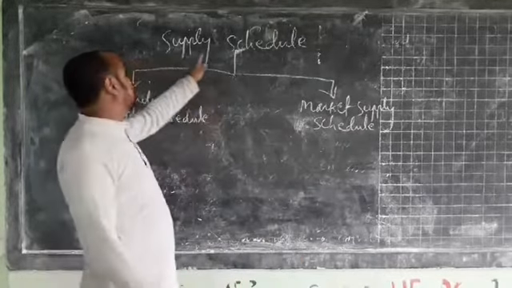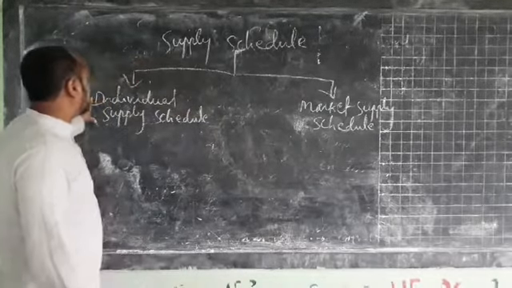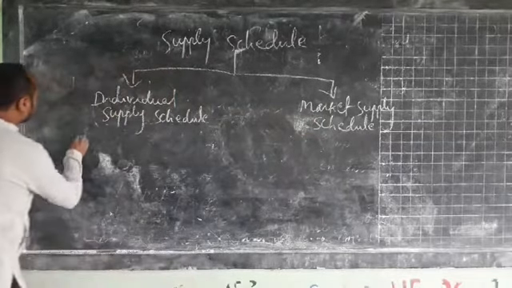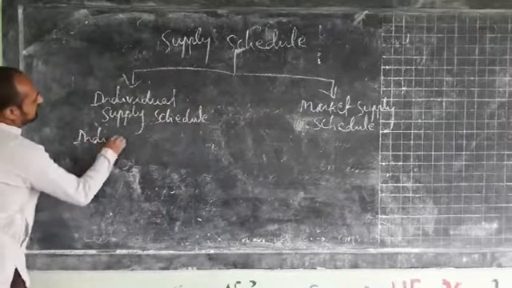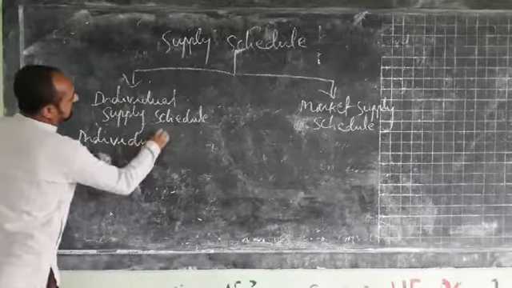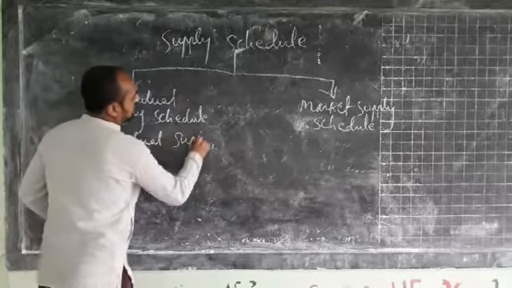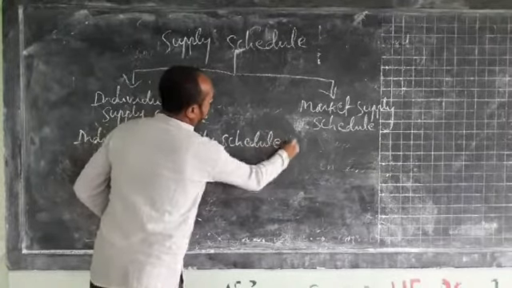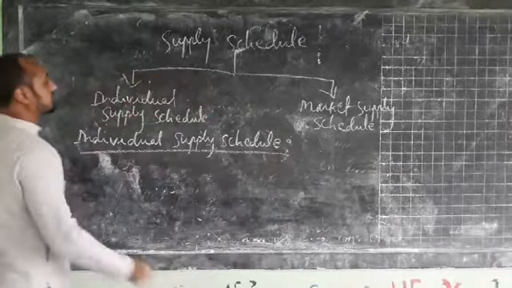As we were talking about, the supply schedule is of two types, individual supply schedule and market supply schedule. Now the first one, the individual supply schedule.